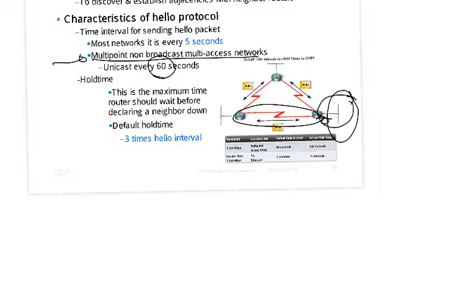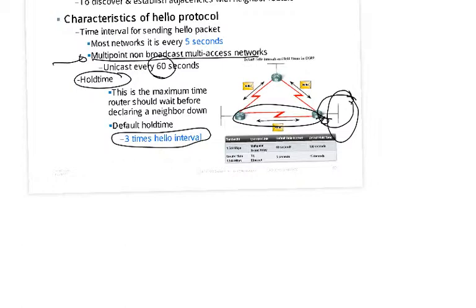As we said, we use the hold time to indicate that a neighboring router is still alive. If you don't receive the hello packets for a duration equal to the hold time, you declare this neighboring router as dead. By default, this hold time is 3 hello intervals. Why didn't we say 15 seconds here? Because it depends. If you use a broadcast domain, then it's 15 seconds.